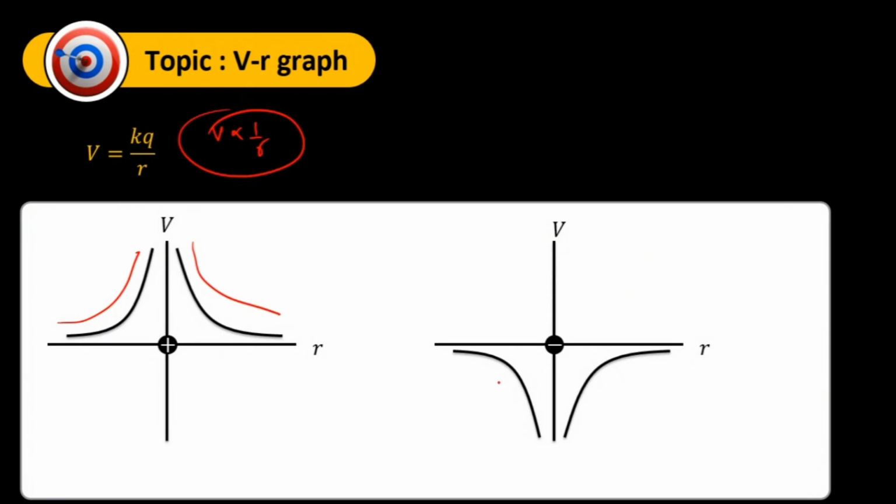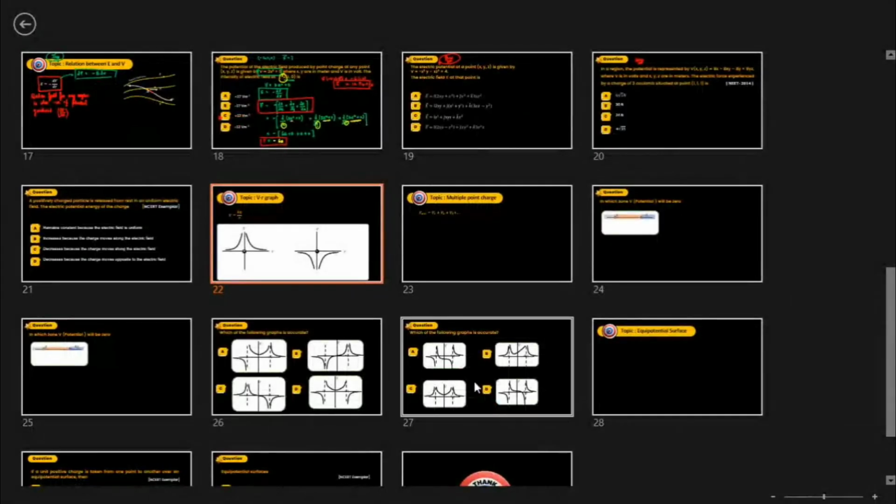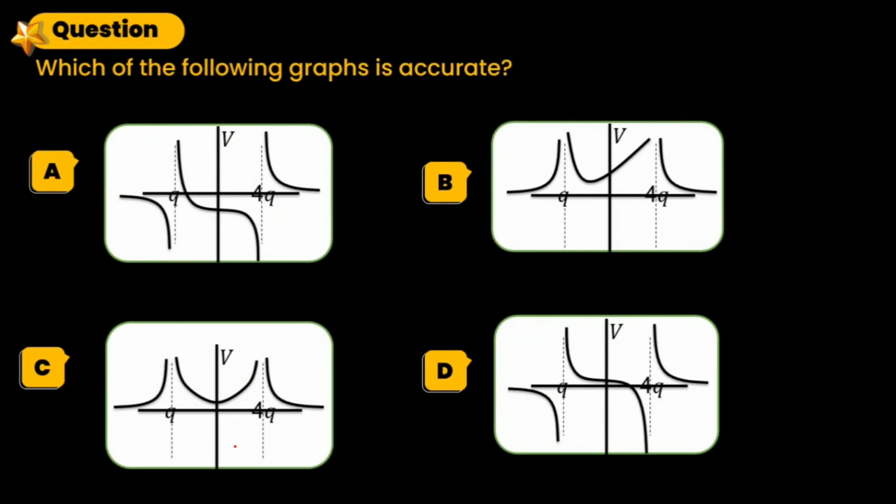For negative, because of its nature, it lies in the third and fourth quadrant. Now, if you look at it, as there is only positive charge, the graph will lie in the first and second quadrant only. There is not even a single curve apart from B and C that stays there; they have something in the third and fourth quadrant.